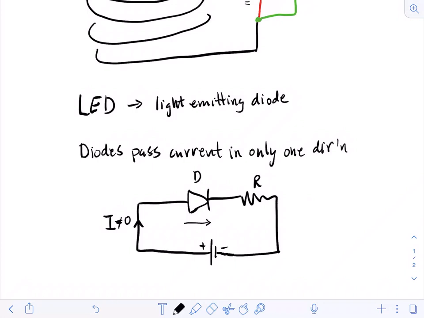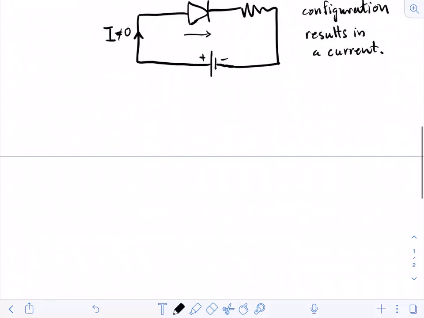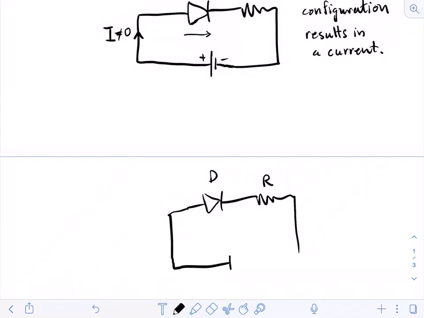So this configuration results in a current. On the other hand, if we took the exact same circuit but flipped the direction of the battery, so there's our resistor, here's our diode, and we make this the negative and that the positive, then the current I would be equal to zero.